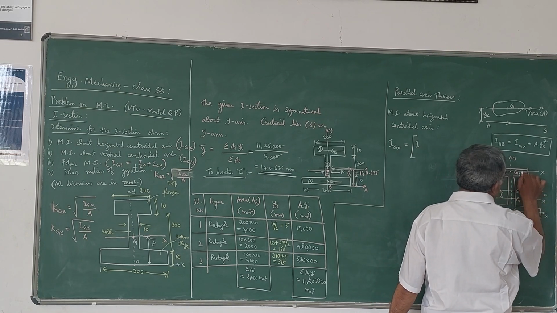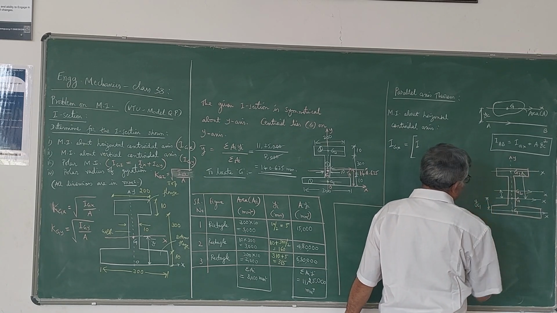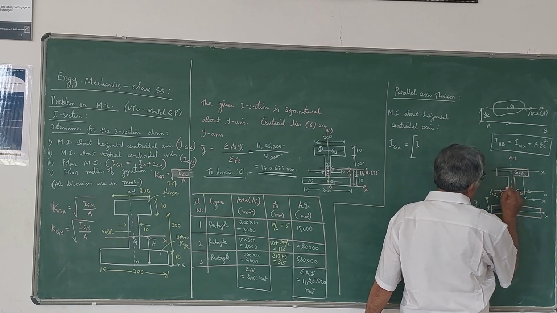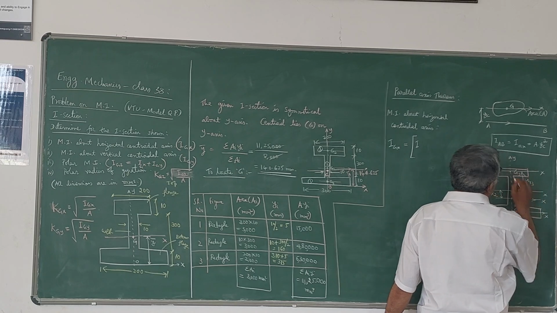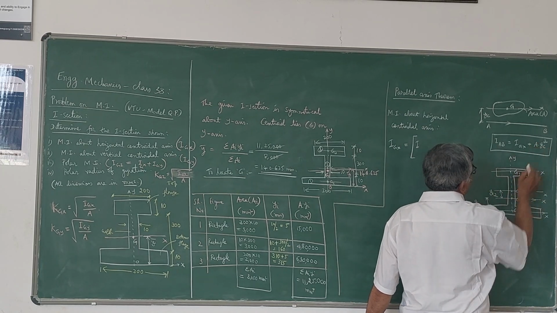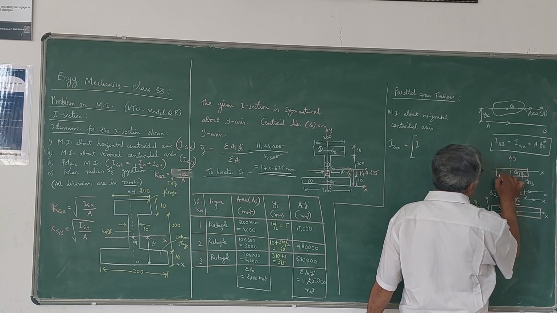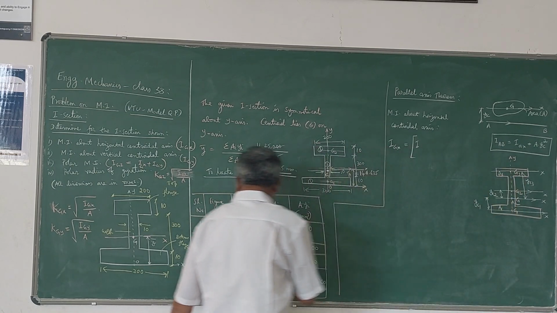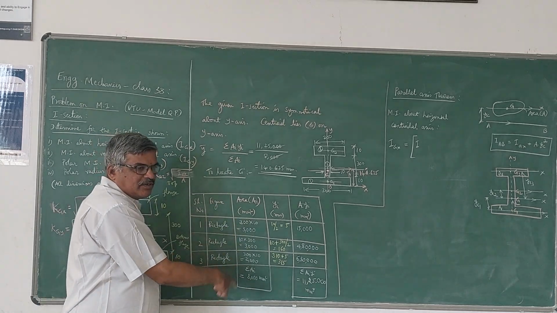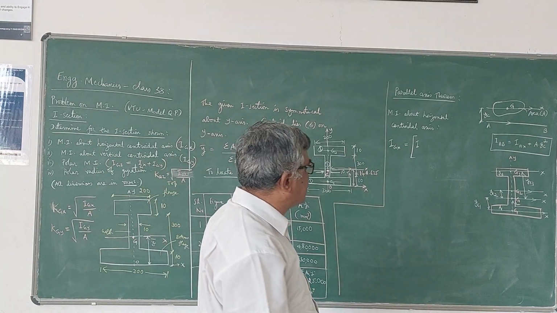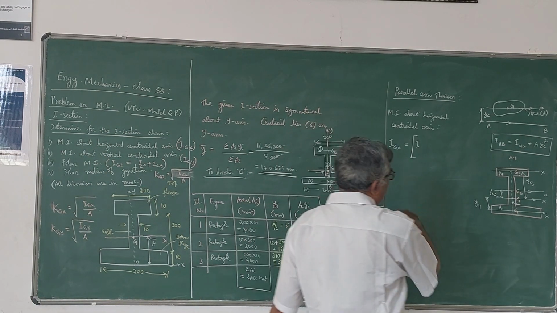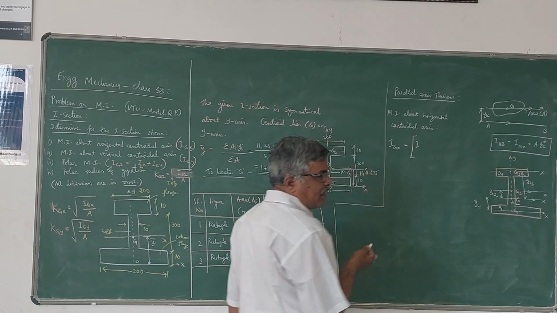So these three distances I need. So this becomes your YC1, this becomes YC2, this becomes YC3, and your corresponding area terms are A1, A2, A3. Those values I can get from this table, which was used to locate the centroid. Once you apply these things, you are going to get the value.